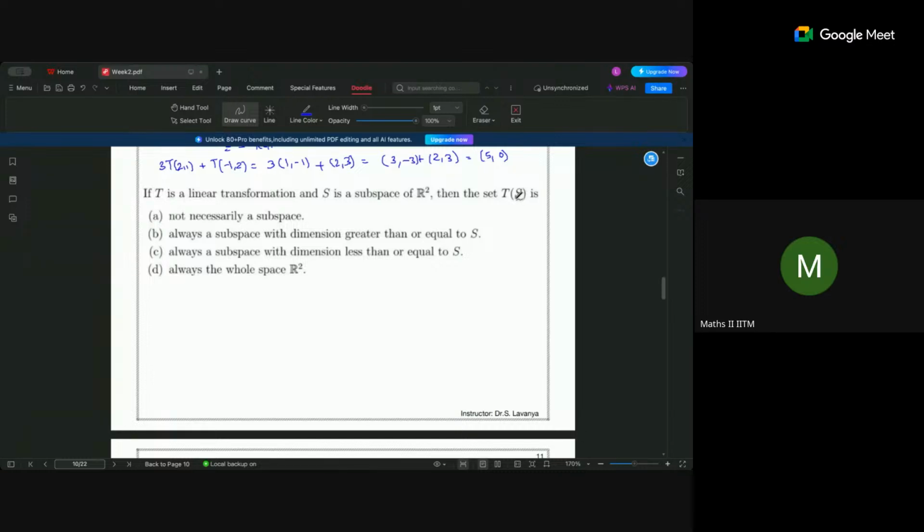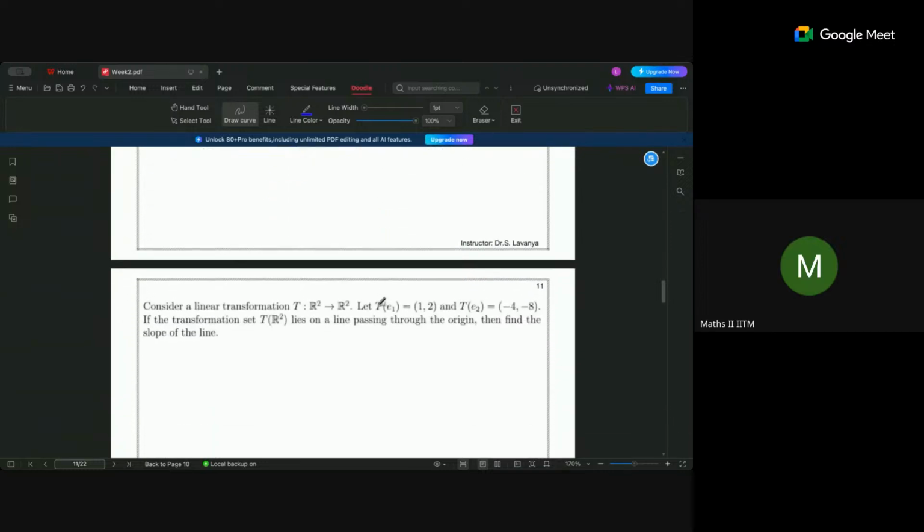It is a subspace, first of all, right? And what about the dimension of T of S? Is it less than or bigger than the dimension of S? Less than or equal to. Right? So option C. Okay, fine. So this is just from the property we have seen before.